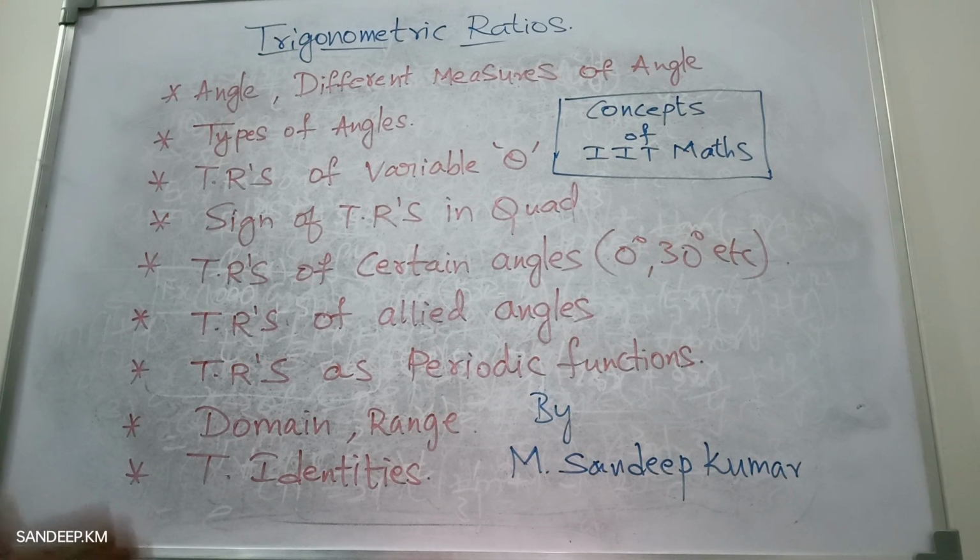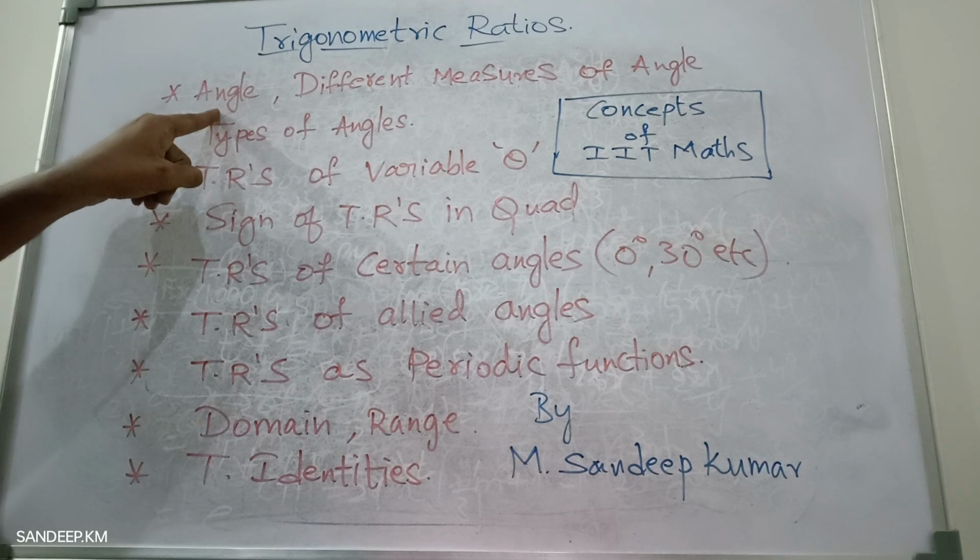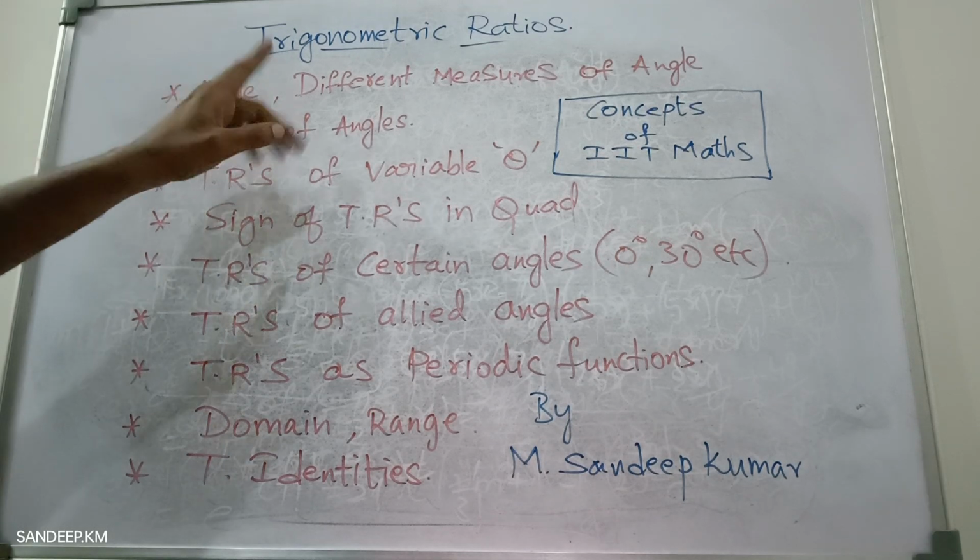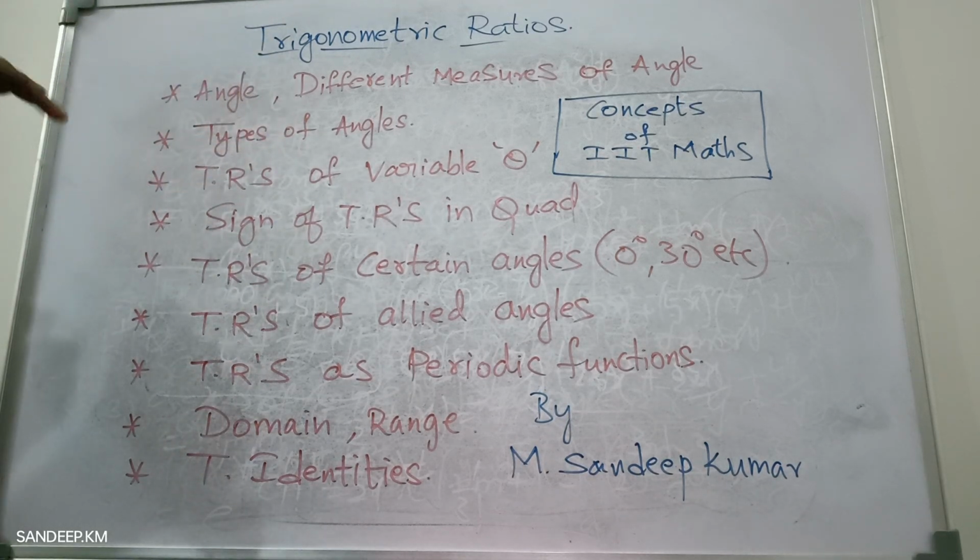After completing these concepts, we will discuss NCERT exercise 1 problems of 11th standard, class 11. So our today's video motive is to discuss angle and its definition, then different measures of angles, followed by the examples from exercise 1 of the trigonometry NCERT textbook of CBSE. Okay, so we'll start with the video.